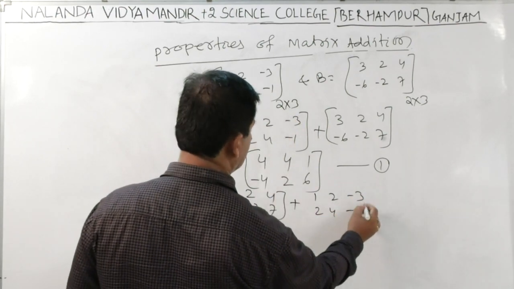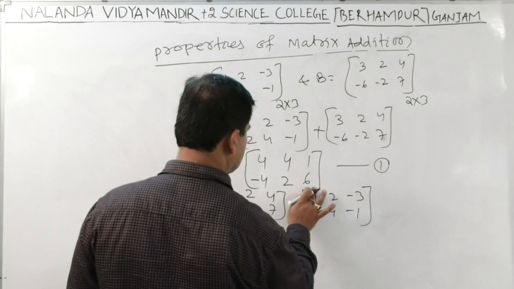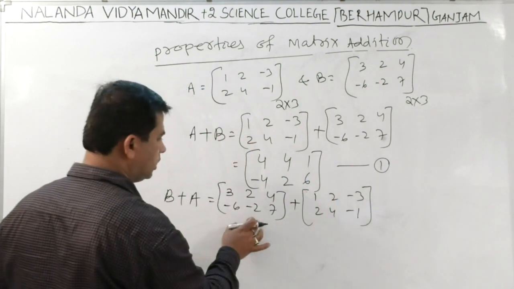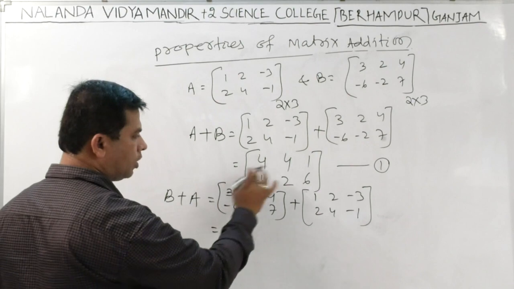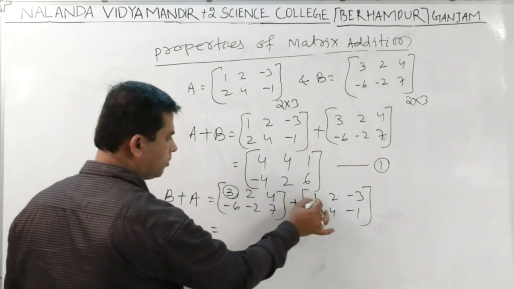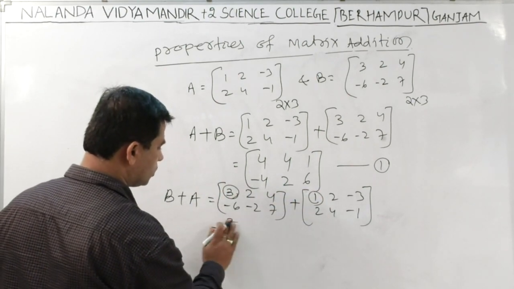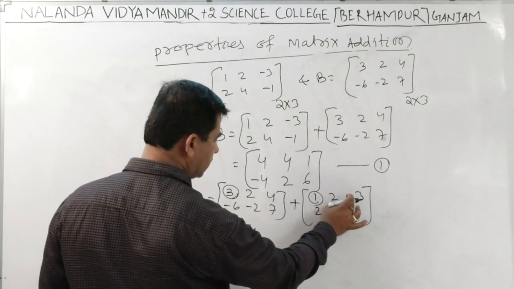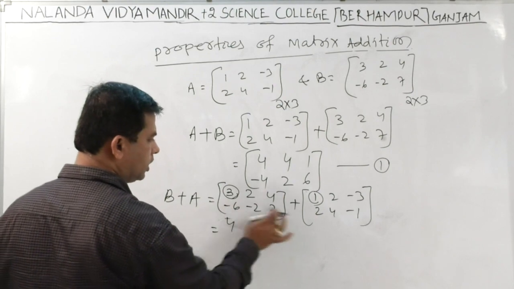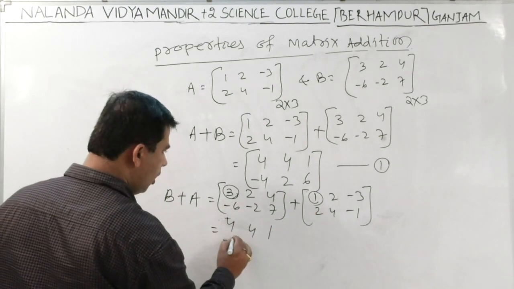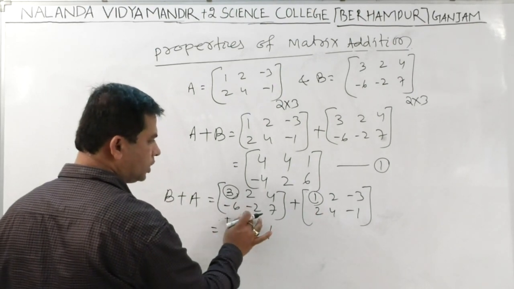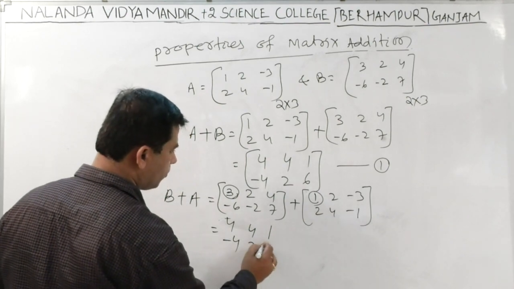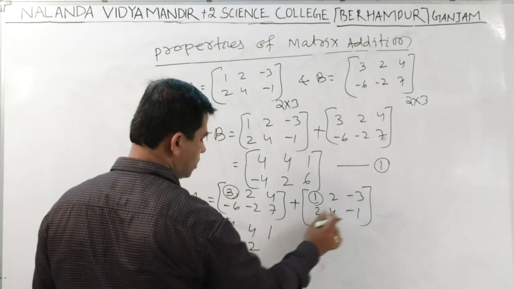Then corresponding elements: 3 plus 1 is 4, 2 plus 2 is 4, 4 plus minus 3 is 1, minus 6 plus 2 is minus 4, minus 2 plus 4 is 2, 7 plus minus 1 is 6.